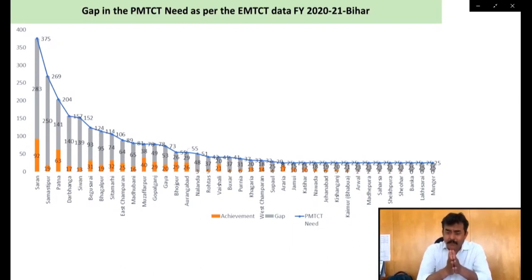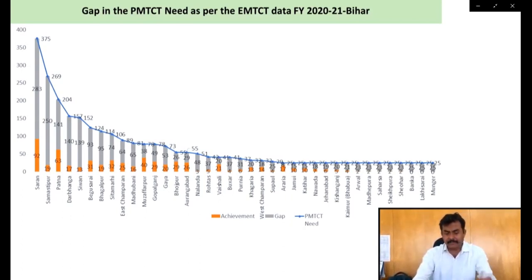Our special focus is on prong 1 and prong 2, especially the known PLHIV women who are going to be pregnant. At least we should reach out to them. When we see the whole load, almost 25 to 30% of known PLHIV who are already in our network, who are regularly or on and off taking ART medicine, are getting positive. So that gap we can always plug.